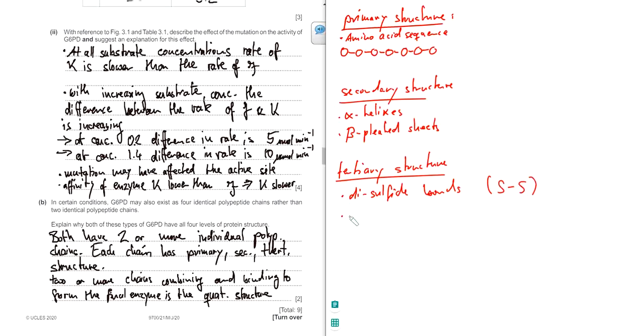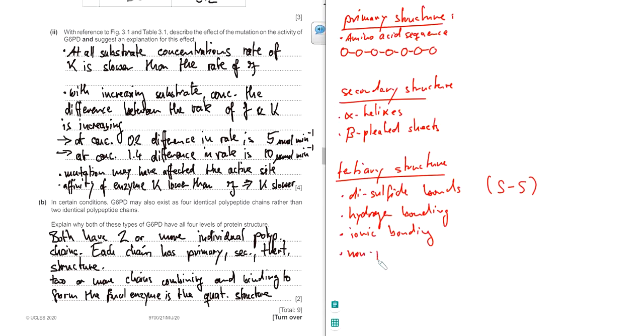And we have hydrogen bonding here. We may have ionic bonding, where basic parts and acidic parts of an amino acid or rests of amino acids interact with each other, one losing a hydrogen, the other gaining a hydrogen, forming positive, negative ion, and they interact with each other.